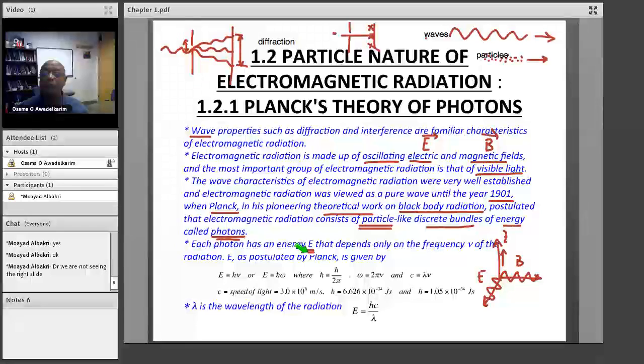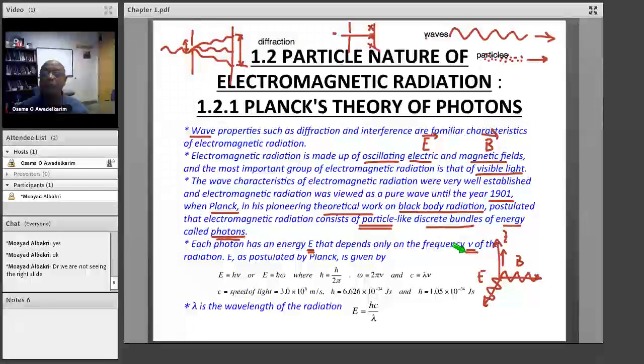And this energy E depends on the frequency. So you see, frequency is the property of waves. So we are not abandoning the idea of electromagnetic radiations being waves. They are waves. But I can also think of electromagnetic radiation as particles.